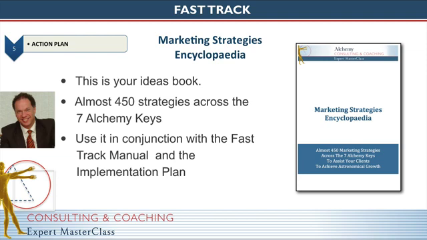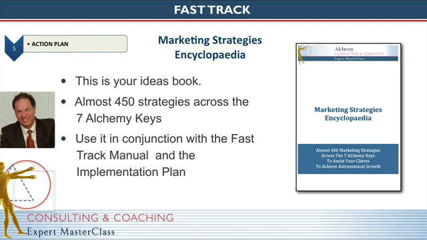So just looking in the manual, let's have a quick flick through, and then we'll return to the implementation plan. Right at the beginning, after the table of contents, you will find a quick glance or ready reference section, which lists for section 1 the 110 ways of getting more leads, giving the title of each of them.